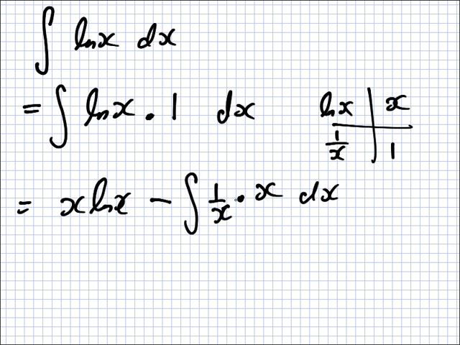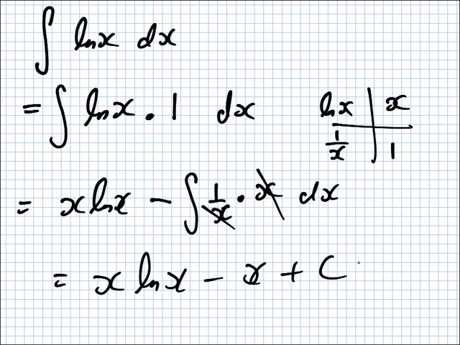Now what happens here? They cancel. The 1 and the x. And what do you get? x log x minus x plus c.